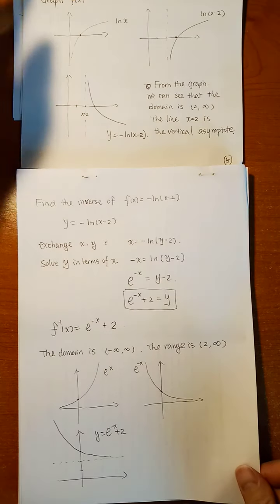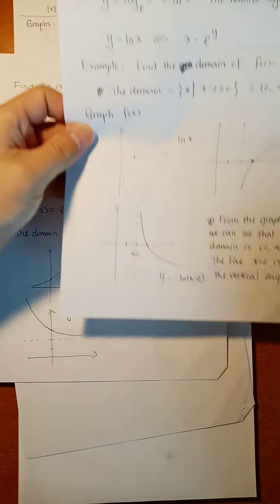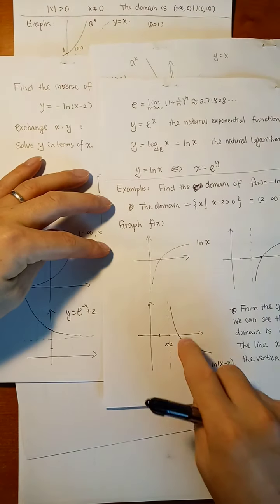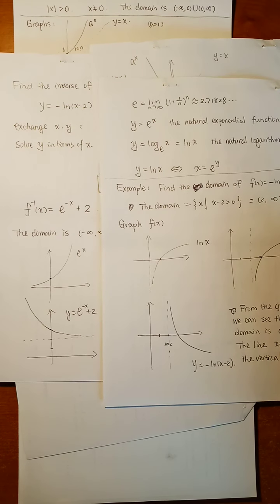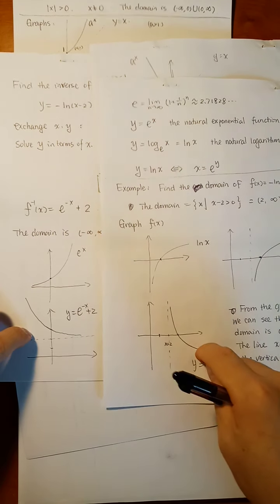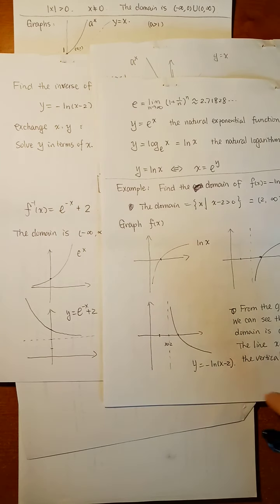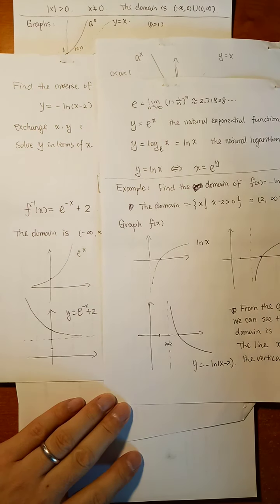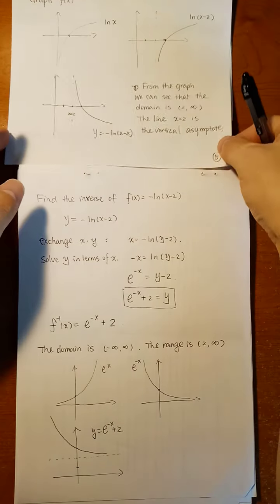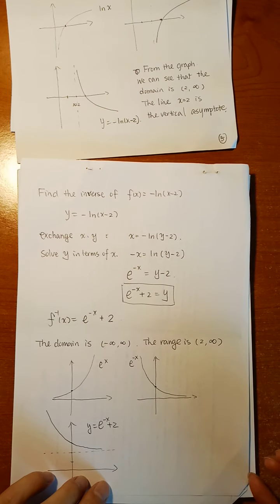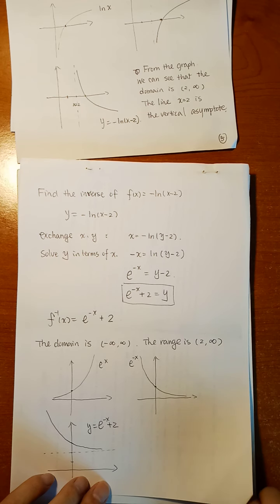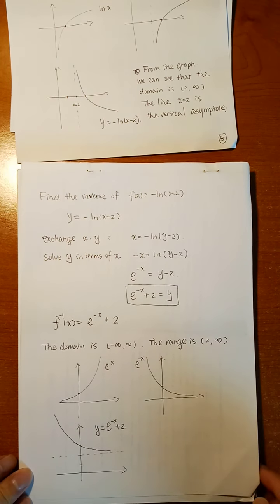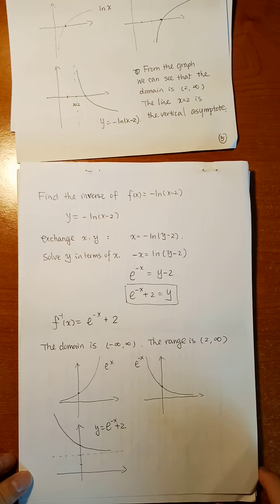If you put these two graphs together, they are really symmetric about the line y equal to x. This is the graph of the inverse, and this is the graph of the original function. They are symmetric about the line y equal to x. So we just do whatever we have done, but for the new family of functions: we put the exponential function and the logarithmic function in our computation system.